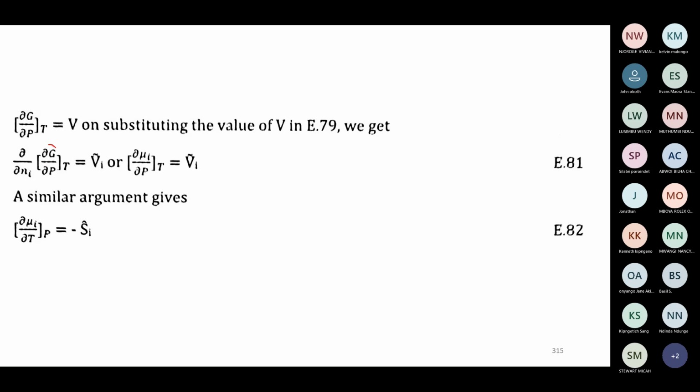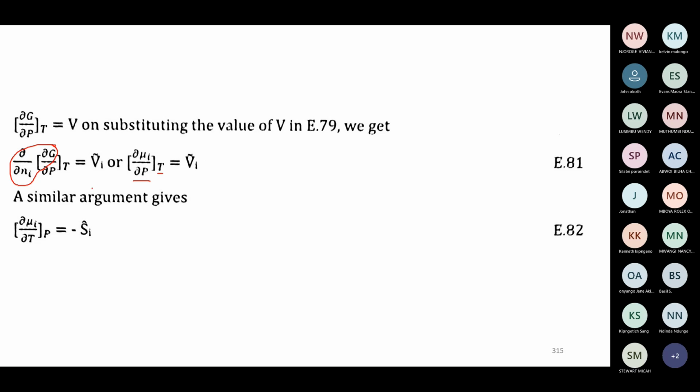So notice that we had said this expression is the expression for mu i. So that's why we are saying this expression is the same as the change in mu i with respect to pressure at constant T equals the partial molar volume.